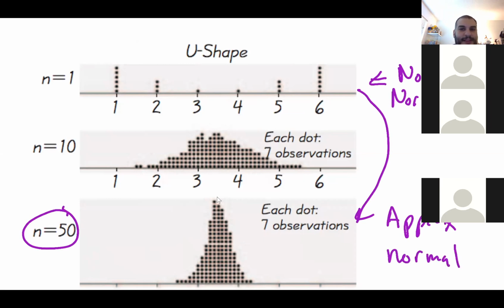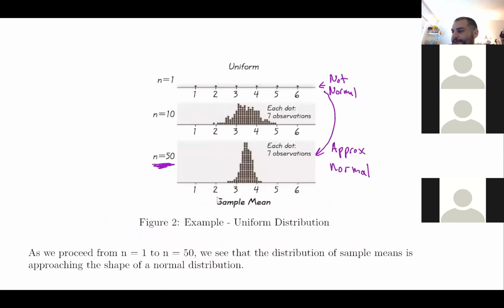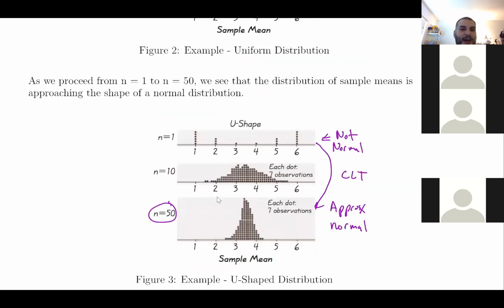So going back to the central limit theorem, the only two that we need to apply it to are this one and this one. For these, we start off with a distribution that's non-normal, but since we took a sample size of 50, we know we ended up with a distribution that is approximately normal because n is greater than or equal to 30. All right. So that's it for the central limit theorem.